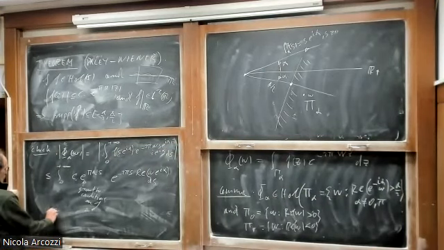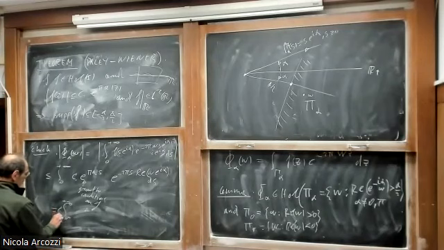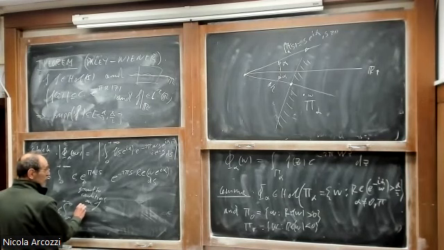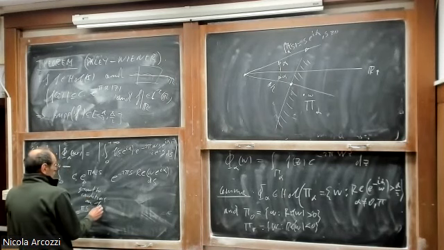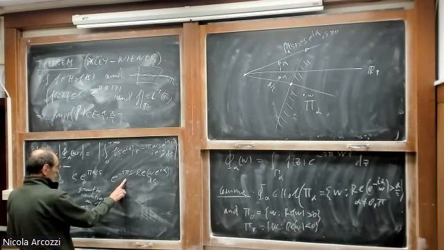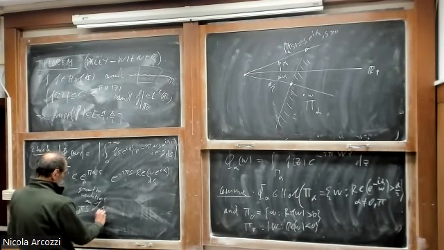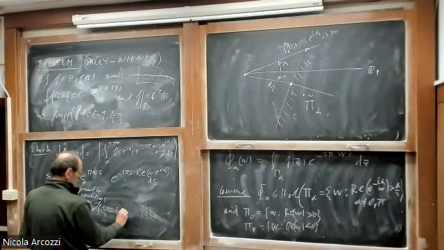So after this, the constant times pi S, 2 pi S, say, of A over 2 minus that.